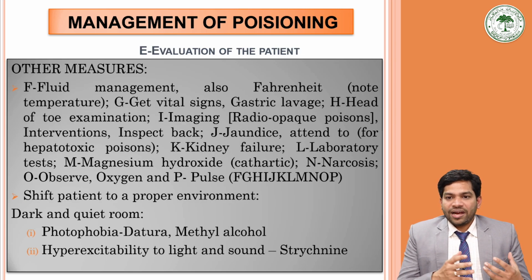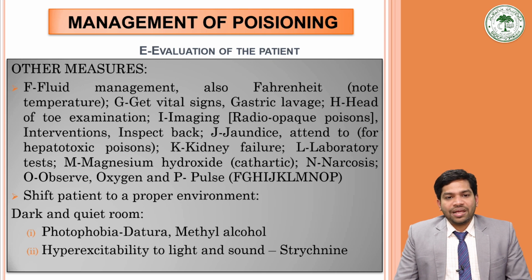Then finally, other measures that may be applied under the evolution of the patient may be remembered with the mnemonic F G H I J K L M N O P. F for fluid management, also maybe the Fahrenheit, note the temperature, hyper and hypothermia.